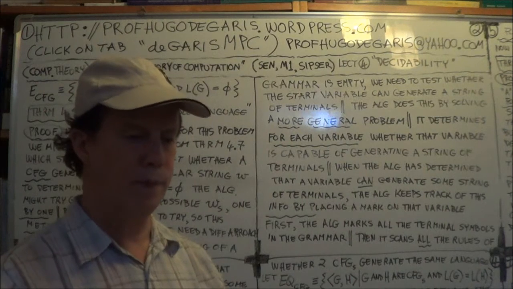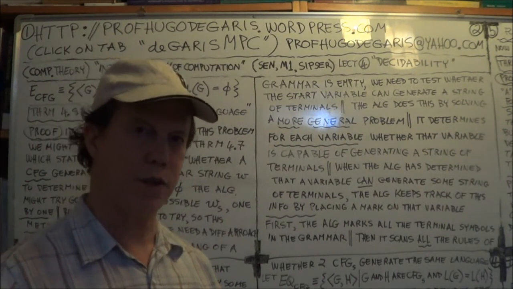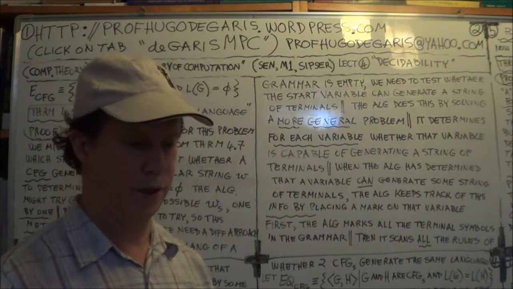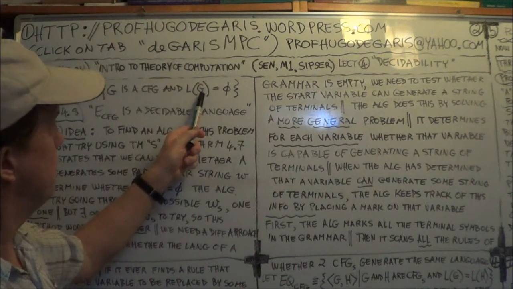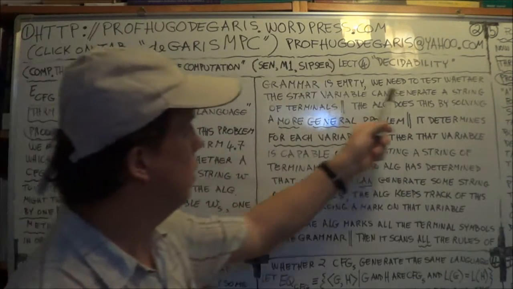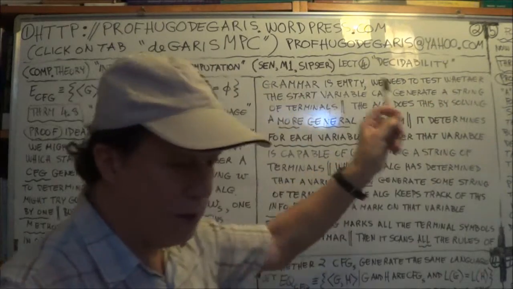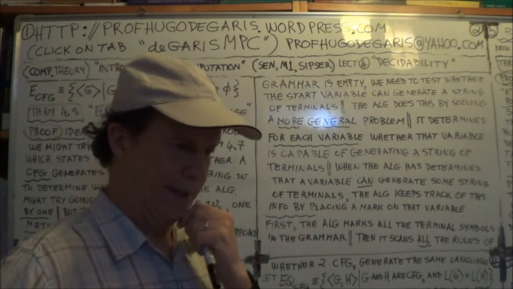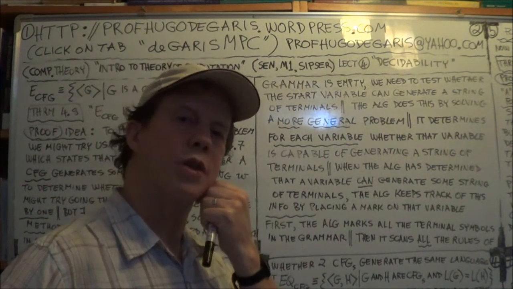So for a given grammar, does it generate zero strings? That's the computational question. Is the language generated by this grammar the empty set? In other words, it generates no strings. Okay. So now you can translate. So focus on that question. Will the grammar generate no strings?